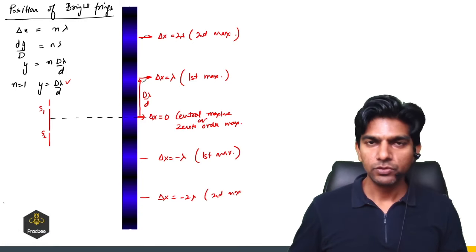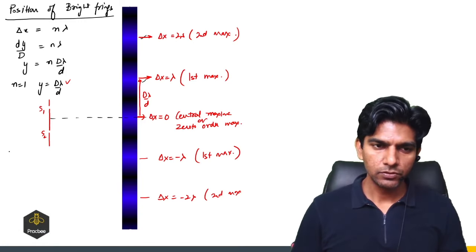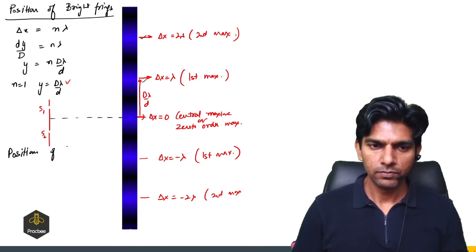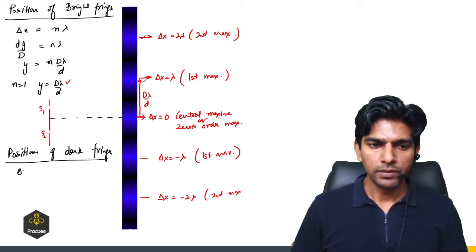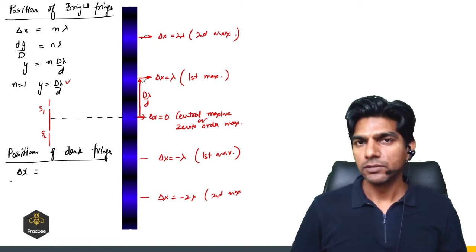Similarly, we can show the position of minimas. So let us see the position of dark fringes. In case of dark fringes, we have destructive interference.